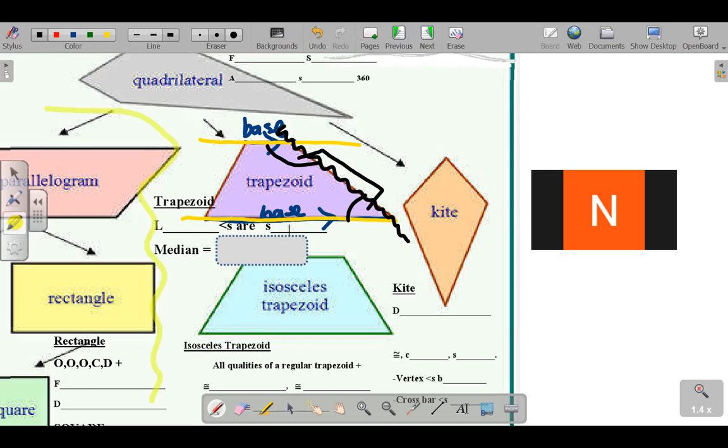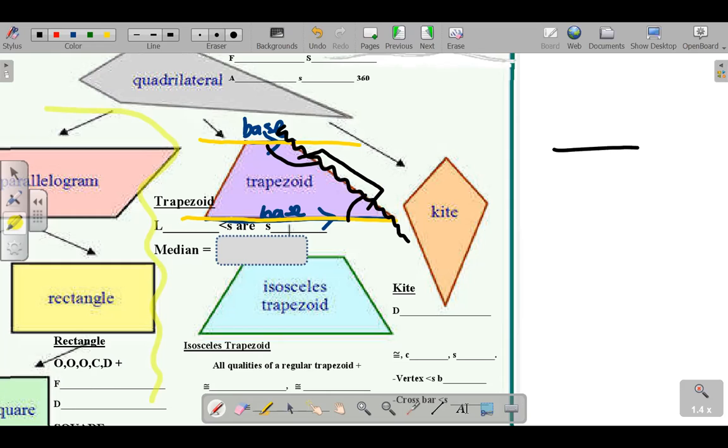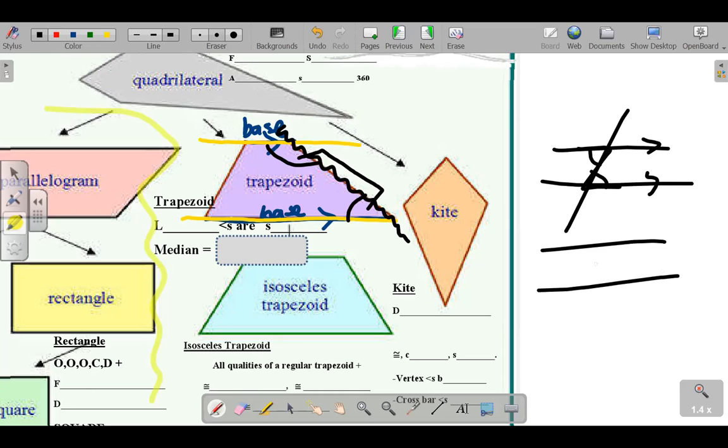I don't know. They're consecutive interior. So let me go back. If they're parallel, these would be alternate interior, which are congruent. Consecutive interior is the same side. They're not congruent. What do you think?